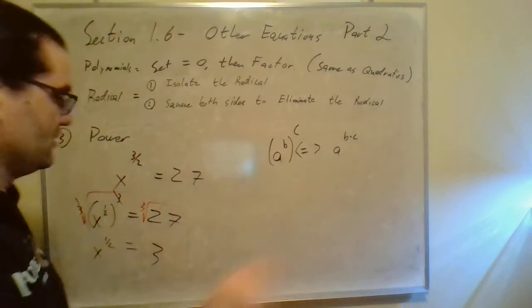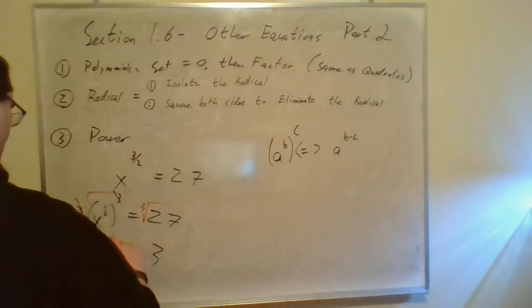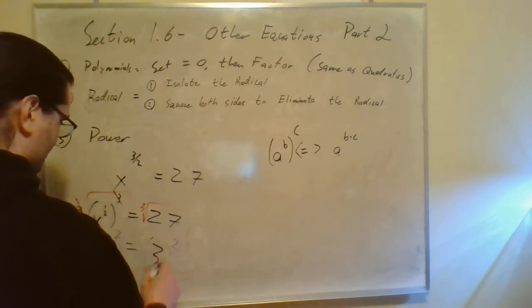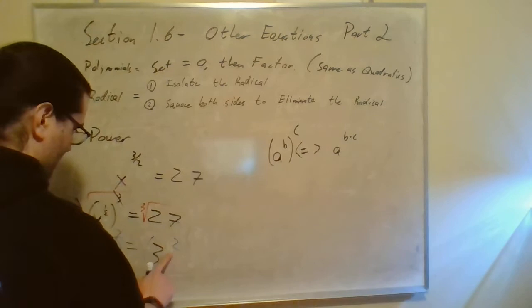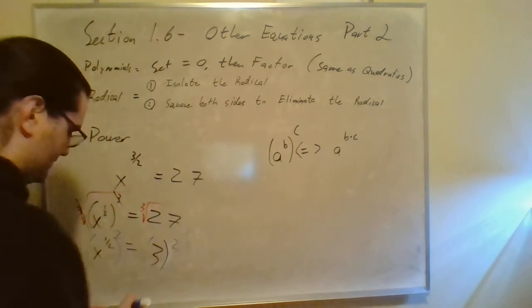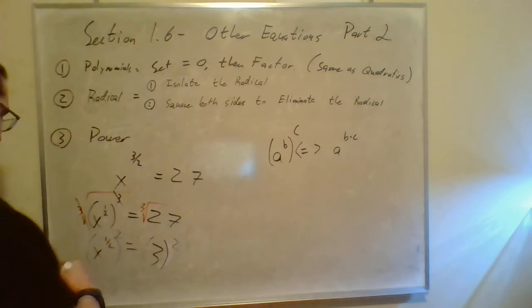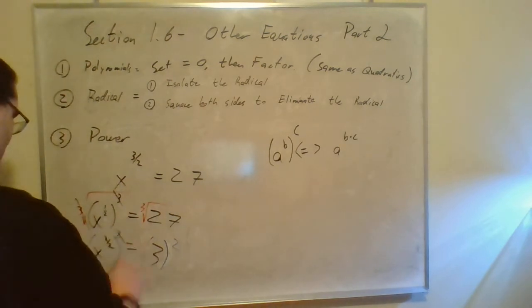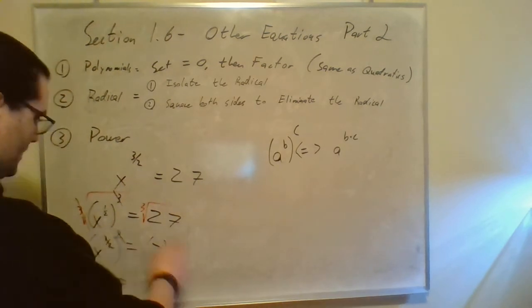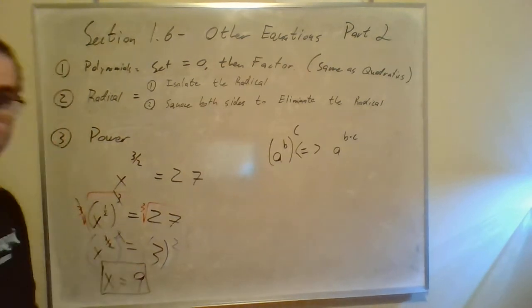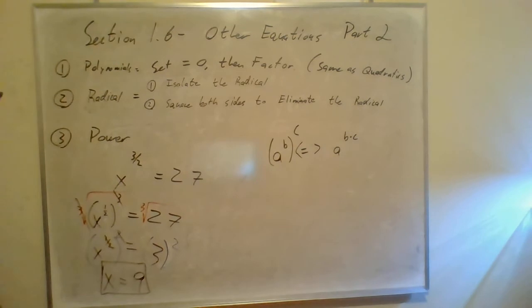And then you cancel the other half of the power. If you want to cancel 1/2, you would square it. X to the 1/2 squared is just, these guys cancel, and that leaves you with x. 3 squared is 9. And that's pretty much all there is to it.